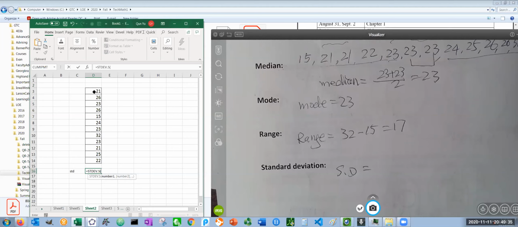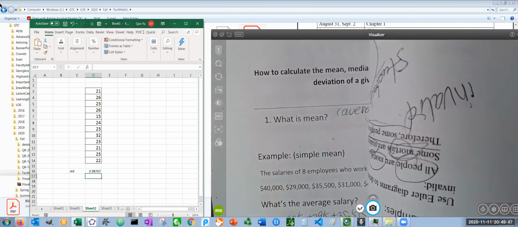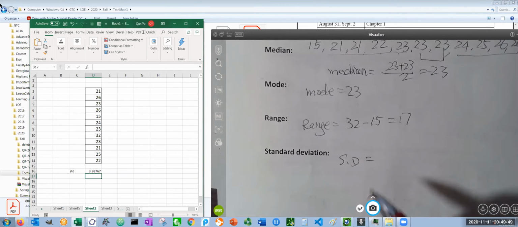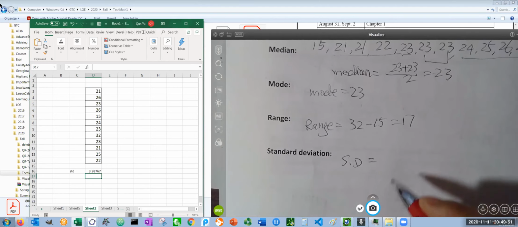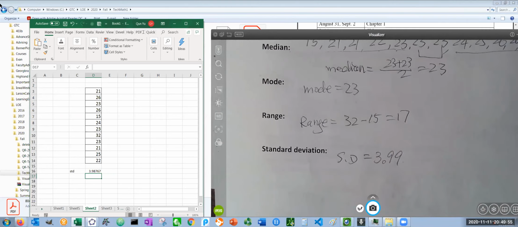Select this data set. 3.98. I don't know how many decimal digits are required because I didn't pay attention to the requirement. Let's just take 2 decimal digits. That would be 3.99. You do this according to your homework requirements.